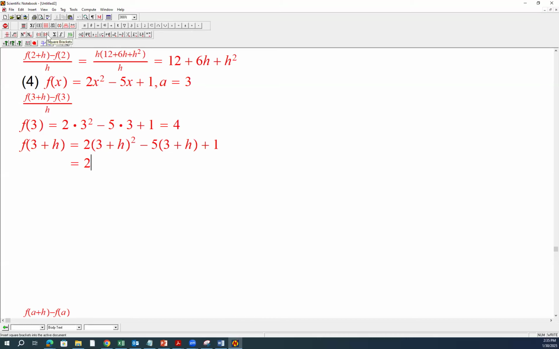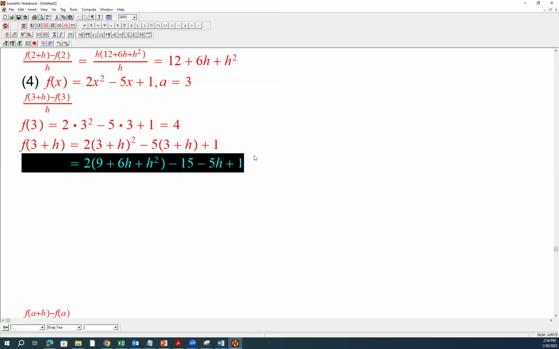This is the moment, in order to improve our algebra, we have to be patient with ourselves. So 3 plus h squared, we got a 9, 3 squared, right? Plus 2ab, that's a 6h, plus h squared. Minus, okay, negative 5 times 3, that's going to be negative 15. Negative 5 times h, that's minus 5h, and plus 1.